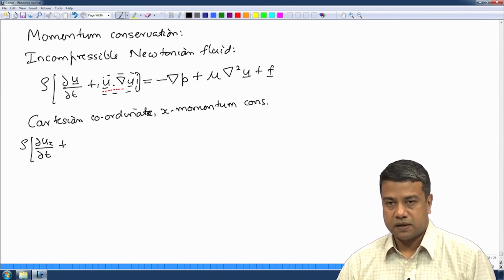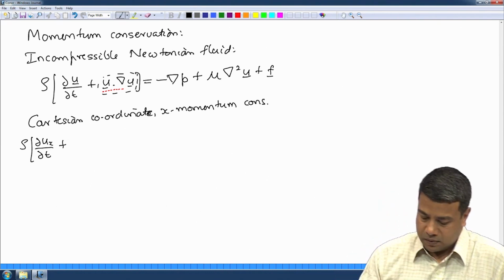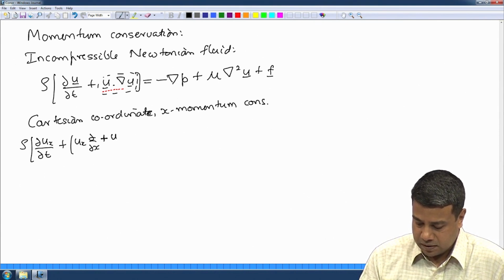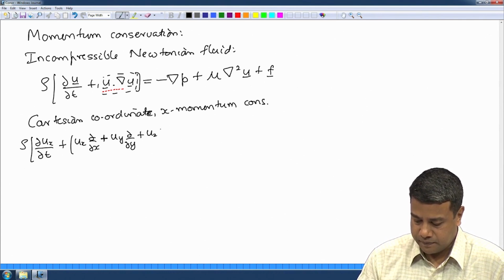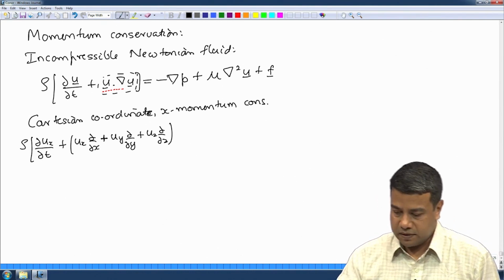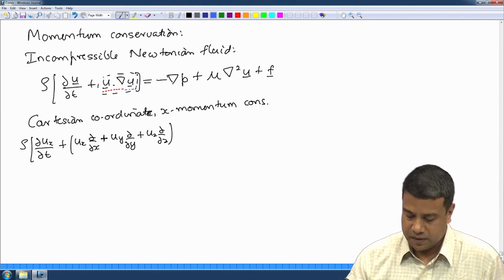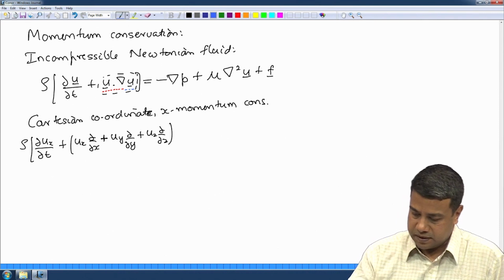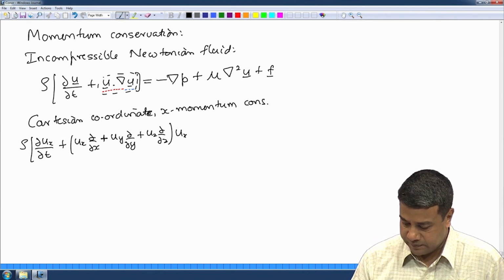So, if I take a dot product between u vector, that is ux ex plus uy ey plus uz ez, and the gradient operator, what I am going to get is ux partial by partial x plus uy partial by partial y, and so on, and this operates on u vector. So, if I am taking the x component of u vector, this becomes just ux.